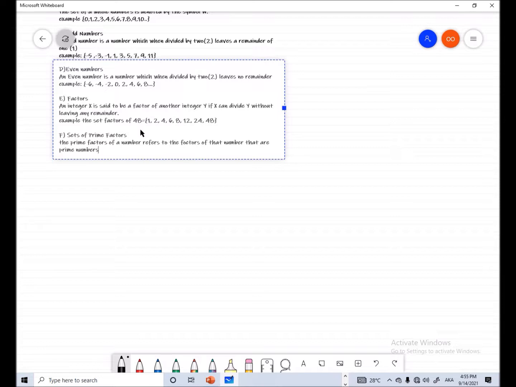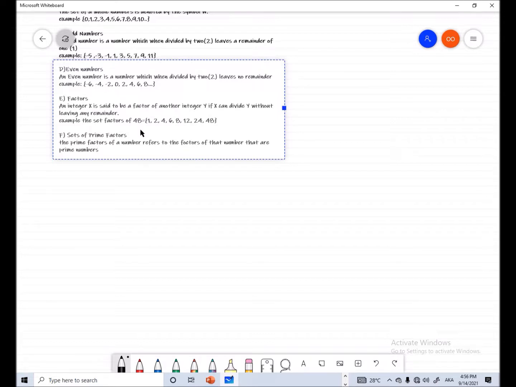And now we are looking at prime factors. A prime factor is a factor whose members are prime numbers.